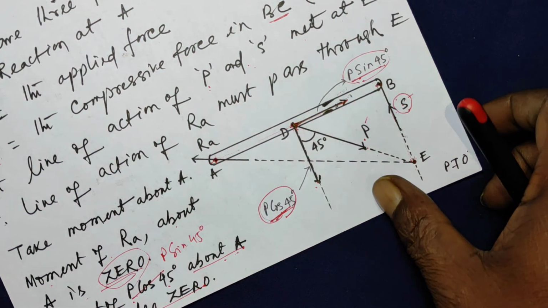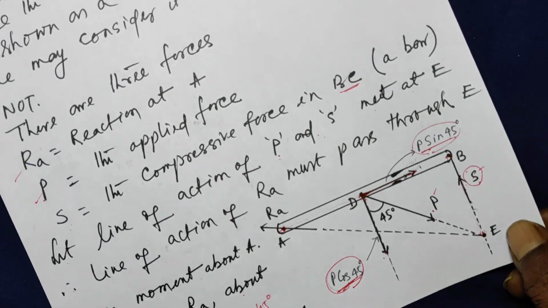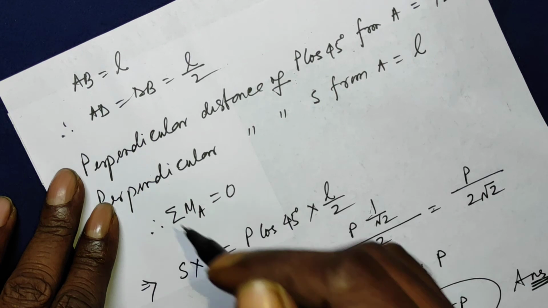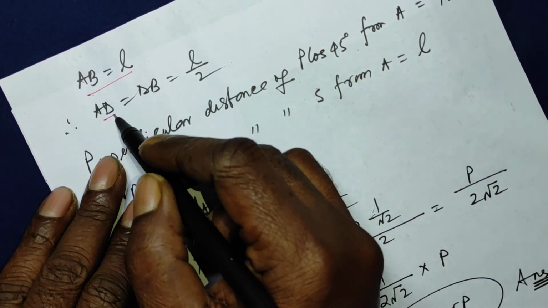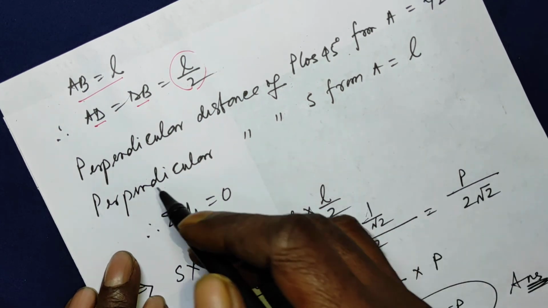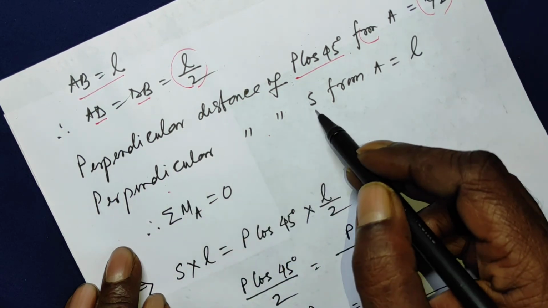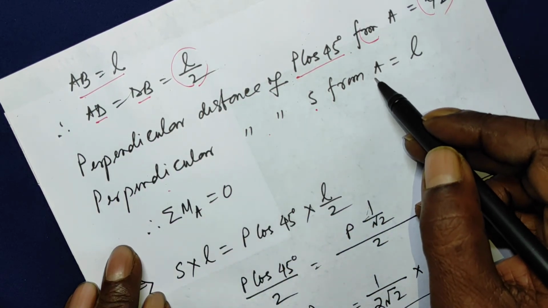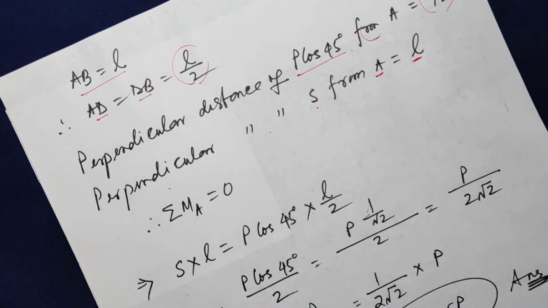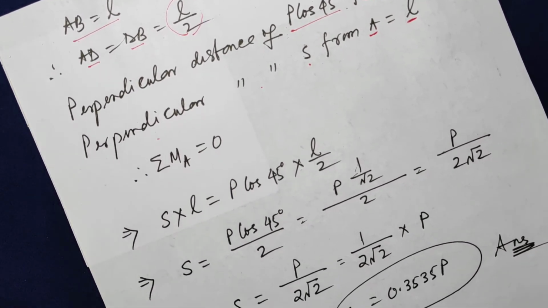The anti-clockwise torque and the clockwise torque must be equal, since the beam is in equilibrium. That is what I have shown here. Now, given AB is equal to L, therefore AD is equal to DB, which is half of L. The perpendicular distance of P cos 45 from A is L by 2, and the perpendicular distance of S from the moment center A is L. One produces a clockwise moment, the other produces an anti-clockwise moment.